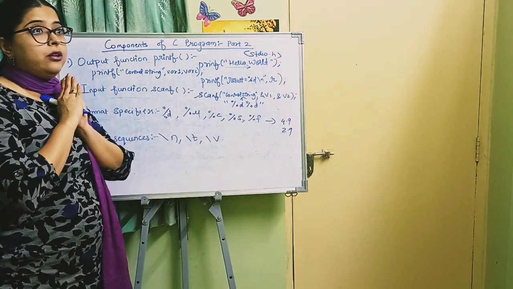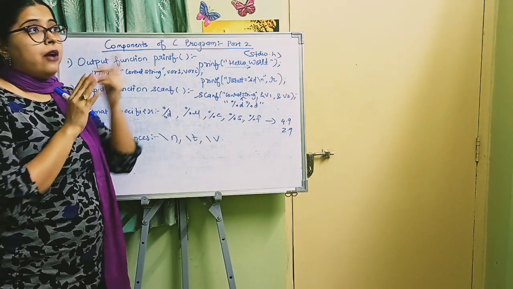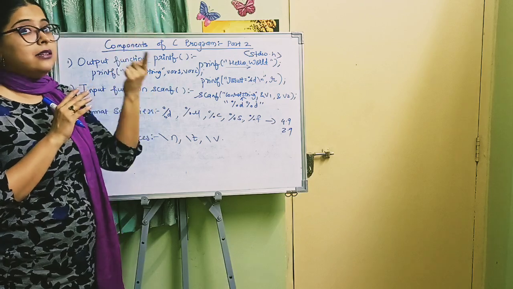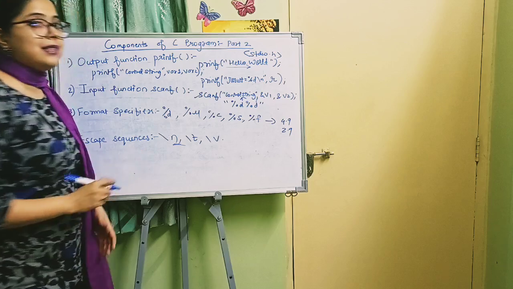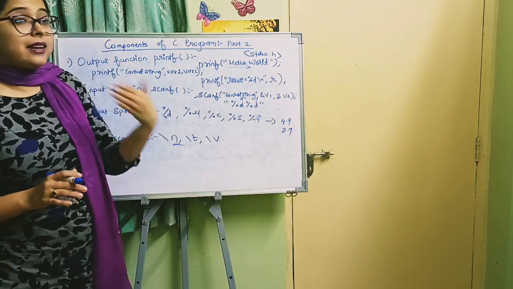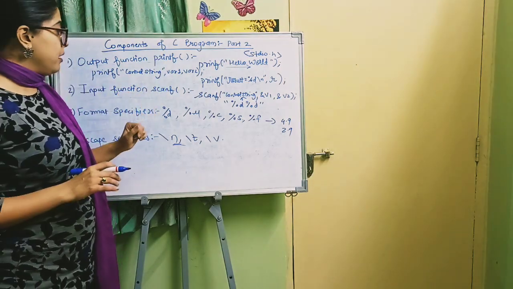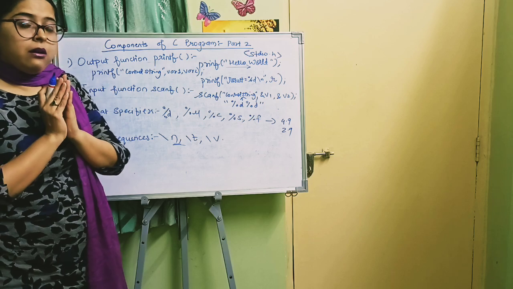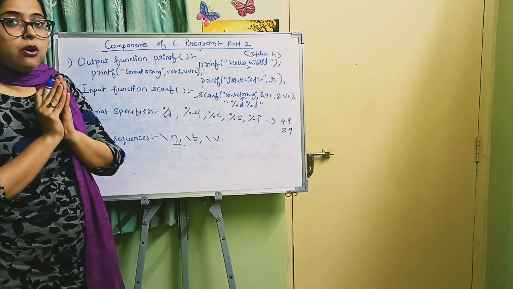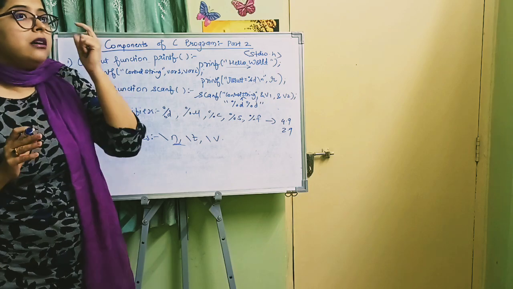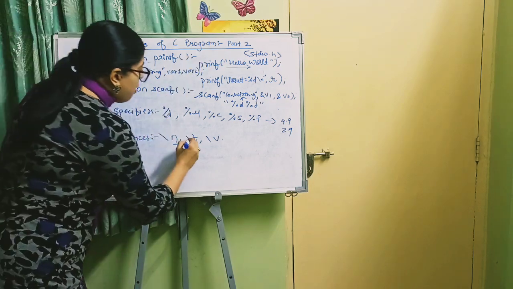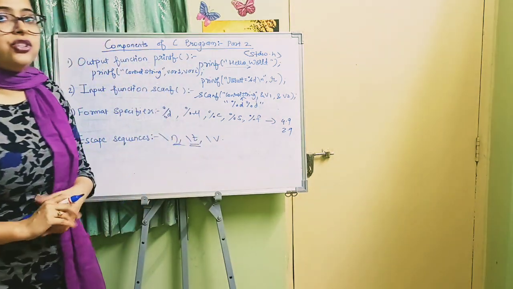Suppose I want to print two sentences on the screen, one sentence on one line and the second sentence on a new line. So I will use the new line \n in printf to print my second statement on a new line. And if I don't want to print the two statements on different lines, I want both on a single line with a gap, then we use the horizontal tab \t.